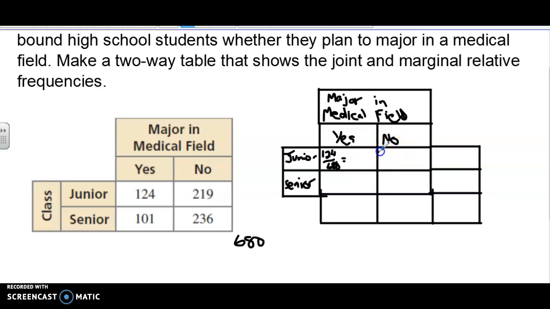Here you'd have 219 divided by 680. This would be 101 divided by 680. And this would be 236 divided by 680.